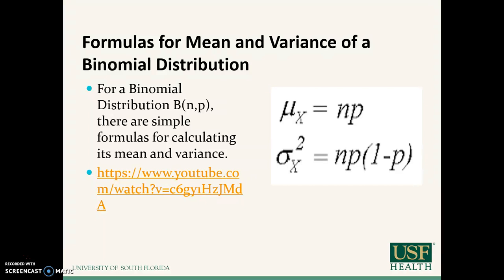So here's a linked video again. But on the right-hand side, you can see the mean of the binomial distribution is simply n times p, and the variance, sigma squared, is simply n times p times (1 minus p). Okay. So sometimes if you want to calculate the mean and variance of a binomial distribution, as long as you know n and p, you can just use this formula in a very straightforward way.